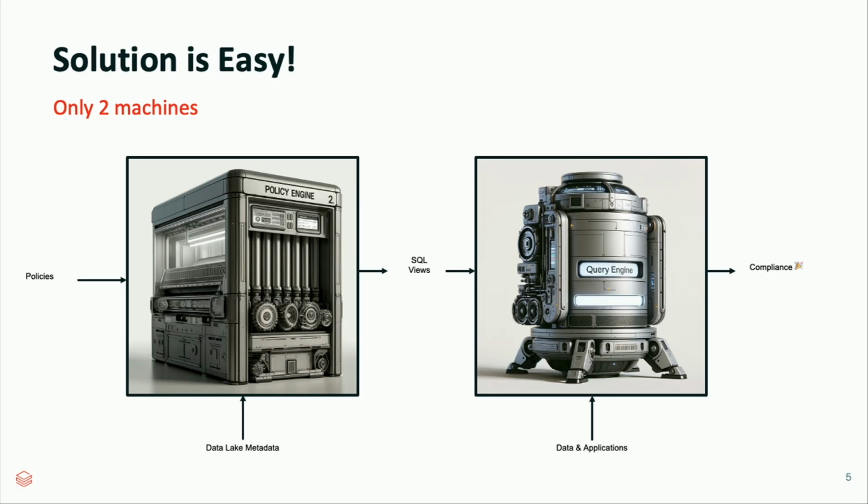The policy engine will take this information and blend it together to produce SQL views that would encode the logic that needs to be applied to filter out the data that cannot be seen by different applications and by different principals. Once the views are built, we feed them to the query engine, which would take them up and apply them on the data and pipelines that are being executed in that query engine, achieving compliance for every user in the data lake that uses those query engines.